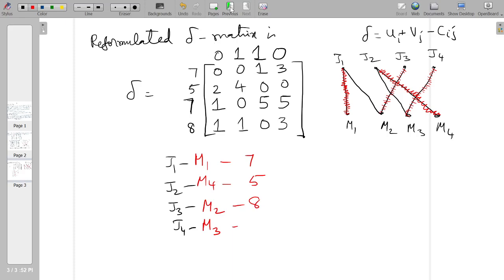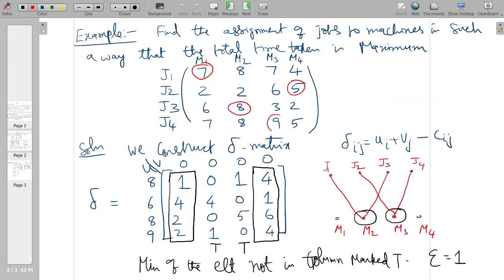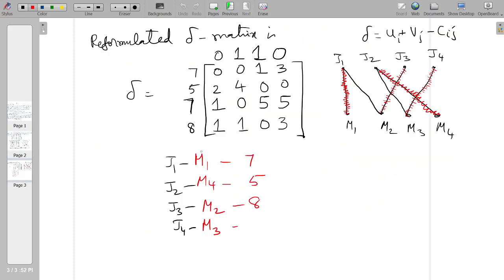And J4 with M3 is 9. So I take the time taken from the given matrix, and when I add it, 7 plus 5 is 12, 12 plus 8 is 20, 20 plus 9, I will have 29.